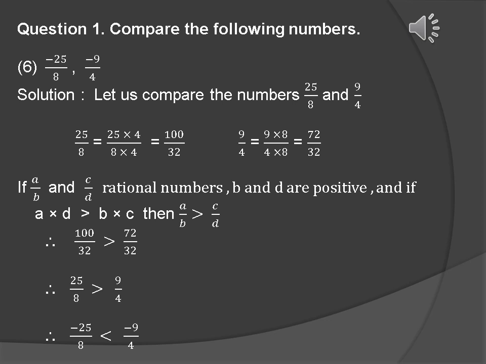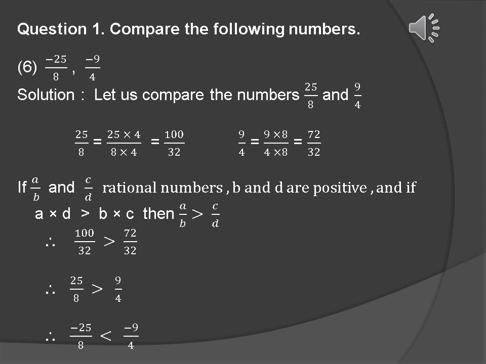Now, multiply the numerator and denominator of 9 by 4 by 8. Therefore, 9 by 4 is equal to 9 multiplied by 8 wholly divided by 4 multiplied by 8, which is equal to 72 divided by 32.